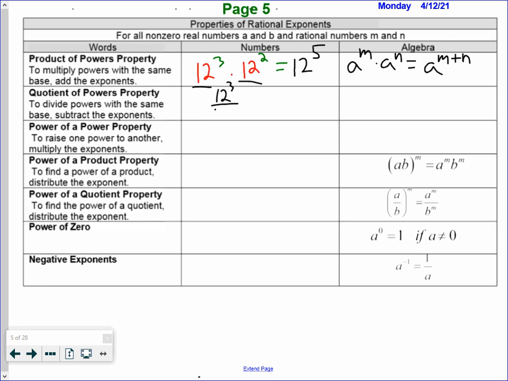So when we're trying to reduce this, we can rewrite it as 12 to the 3 minus 2, or just 12 to the first power, which is just 12. So if you're dividing two powers with the same base, all you have to do is subtract the exponents from the top and the bottom, and you get your simplified version. Algebraically, a to the m all over a to the n will give you a to the m minus n.